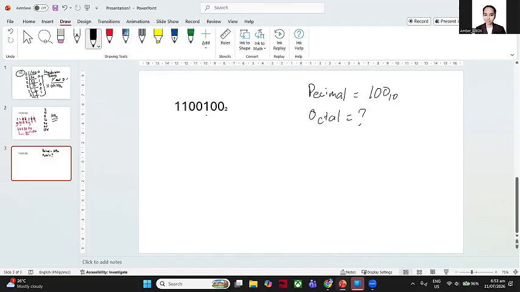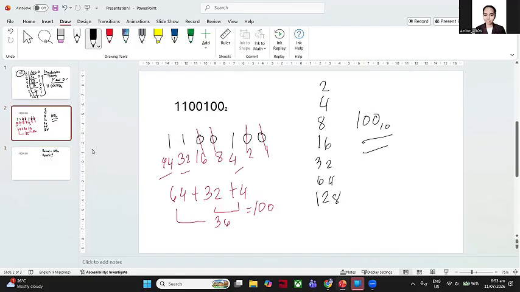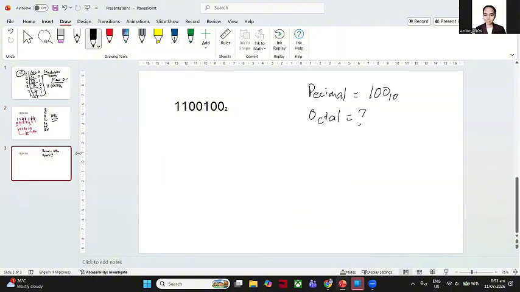Remember the binary to decimal translation. Now we will apply it, but it's a different format. So let's put our binary 0, 0, 1, 0, 0.